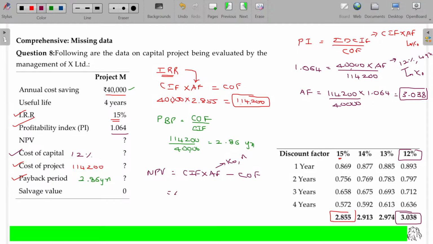So cash inflow in this case being 40,000 rupees, annuity factor for this value 3.038, 3.038 minus cash outflow in this case being 1,14,200. What's the final value? 7,320 will be the NPV.